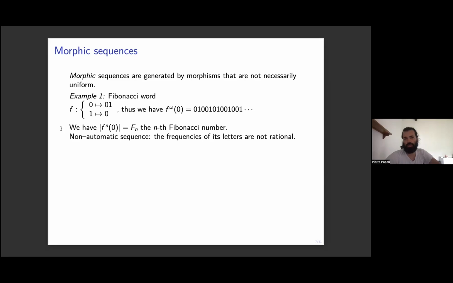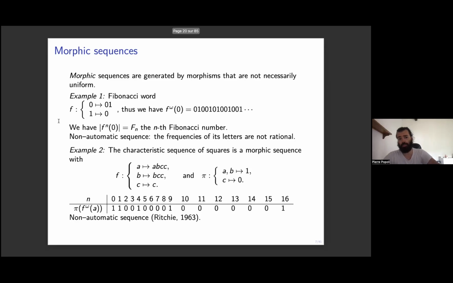Actually, you can prove that this sequence is not automatic, because the frequencies of its letters exist and they are not rational, because they are linked to the golden ratio.